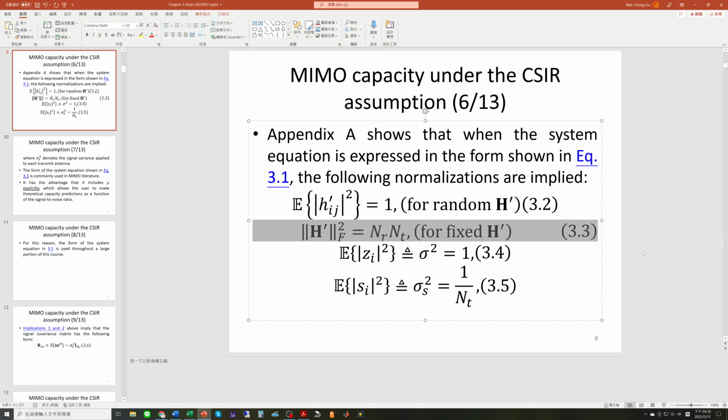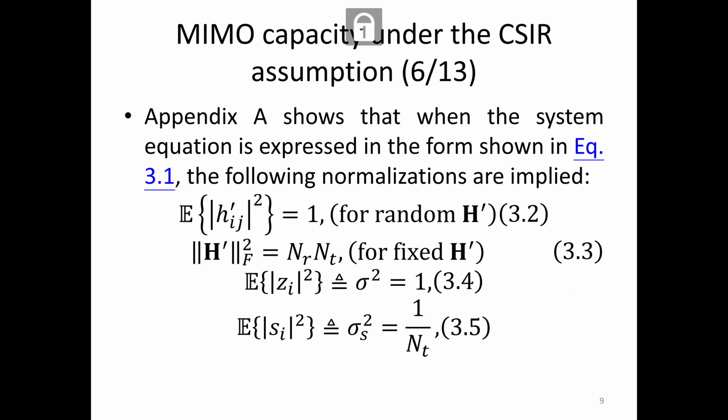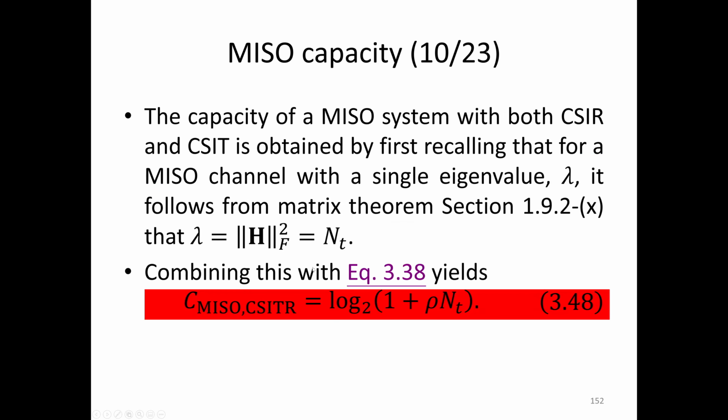Good. So back to page 152. Because in equation 3.3, the square of the Frobenius norm of H prime, which is equal to H here, is equal to NT times NR when the channel matrix H is fixed.